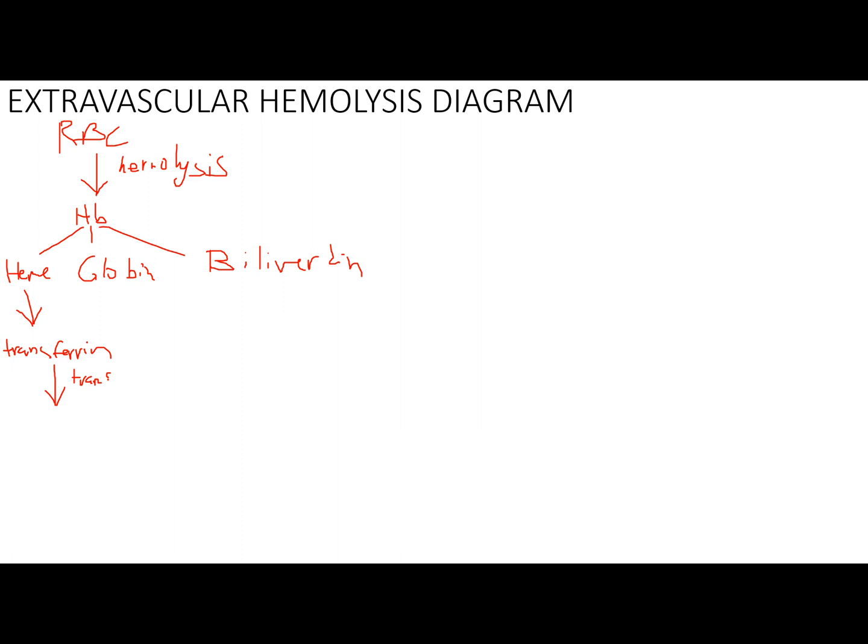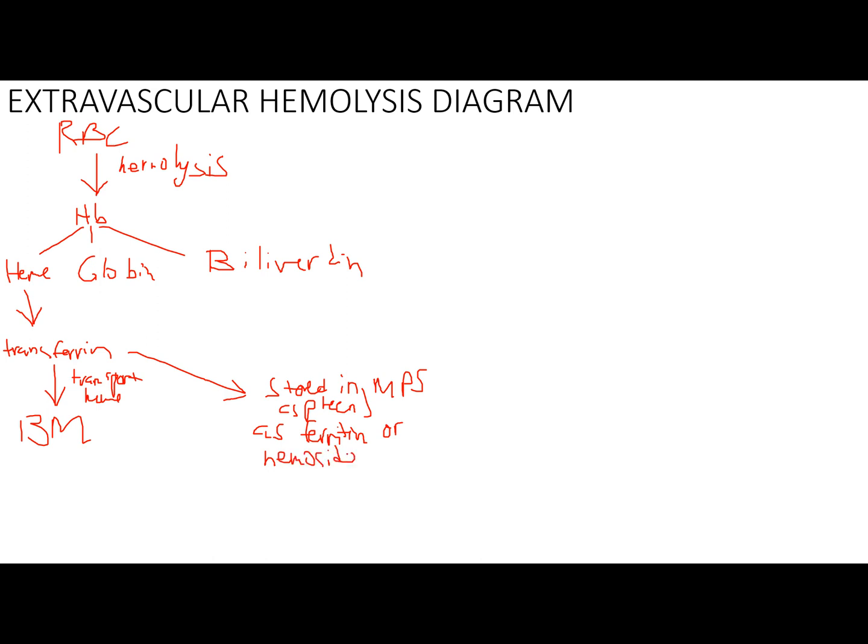He would transport heme to the bone marrow, or it would be stored in MPS, specifically sa spleen class. Sa spleen as ferritin or hemosiderin. So, yan yung outcome ng heme nyo.